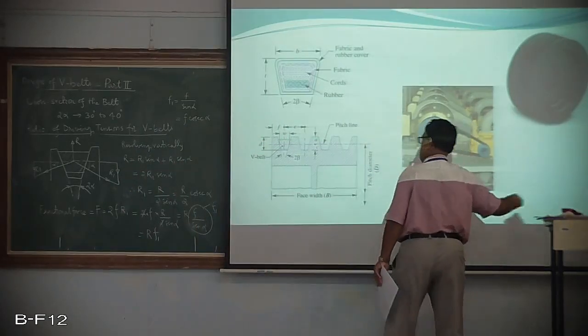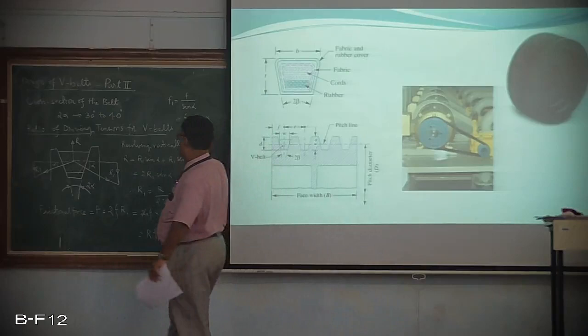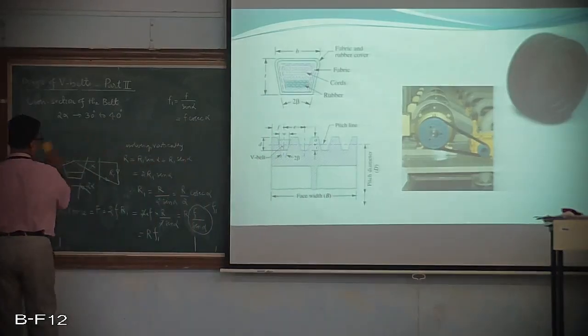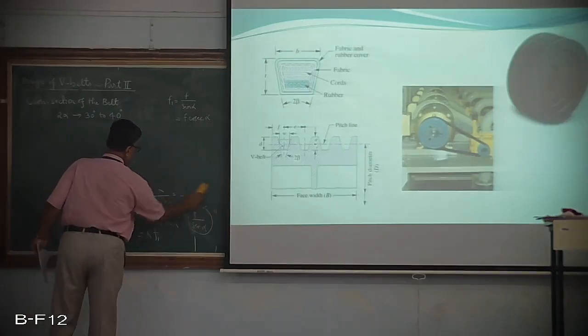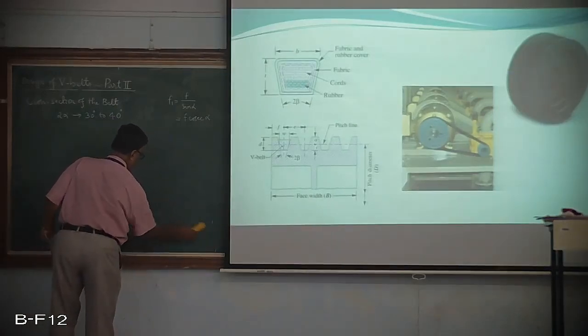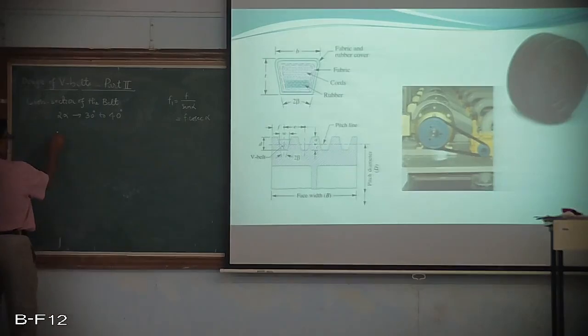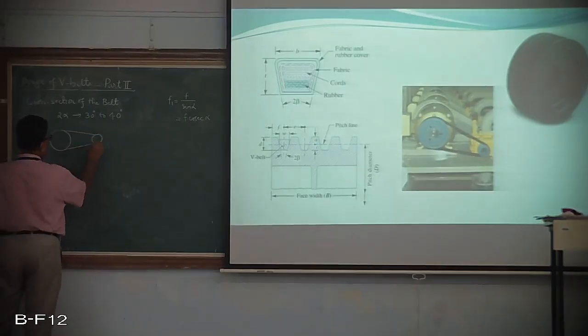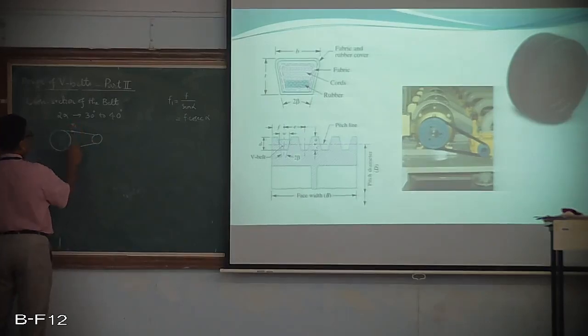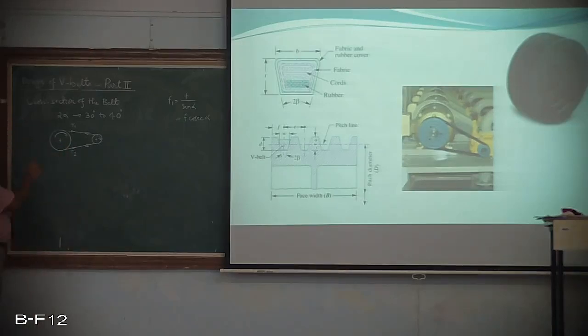Then let us come to the two tensions, the tension ratio. We will find out how to define the tension ratio. As I told you, when you take one pulley and another pulley, they are connected with the help of tensions T1 and T2. The drive may be from the larger pulley to the smaller pulley or the smaller pulley to the larger pulley, depending on that.